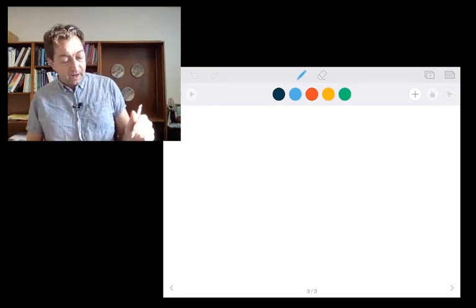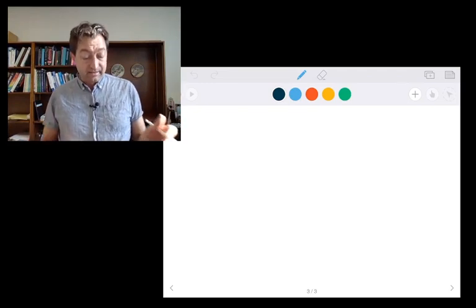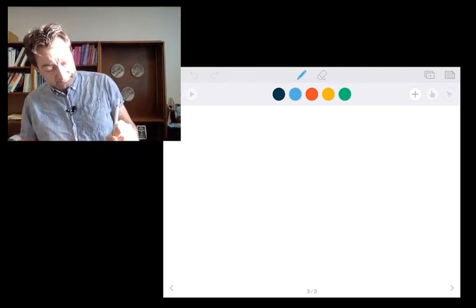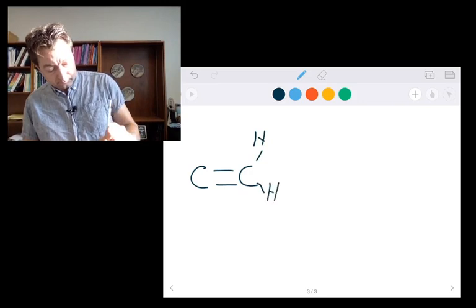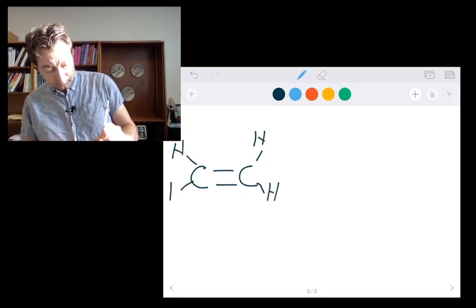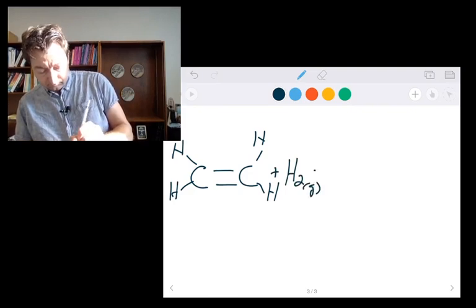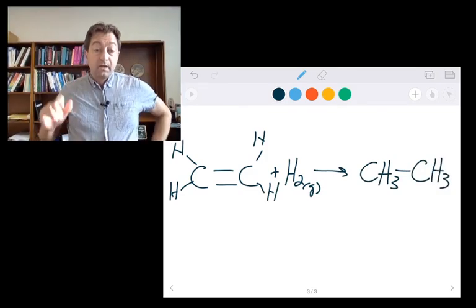So we do have a reaction that we like to use for measuring specifically the energy that's contained in these double bonds. And so I'll just draw out the reaction here. So there's the reaction.